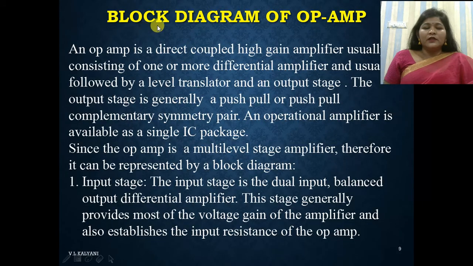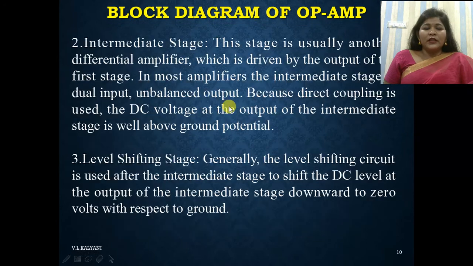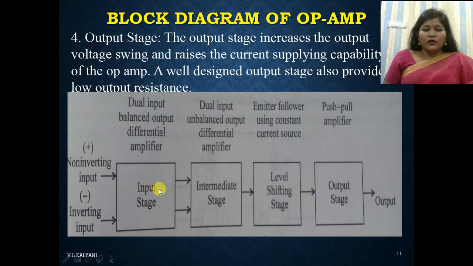And here is the block diagram of operational amplifier. As you can see, this basic block diagram consists basically of four blocks. The first one is the input stage, the second is the intermediate stage, the third is the level shifting stage, and the last one is the output stage.